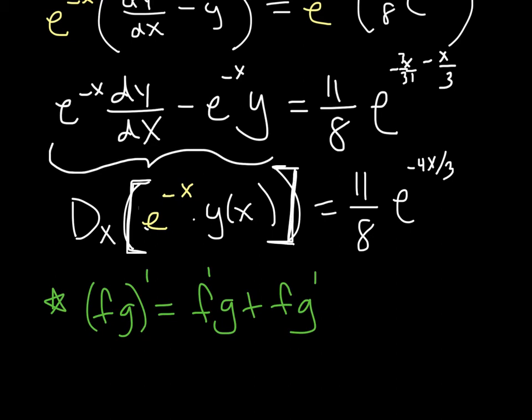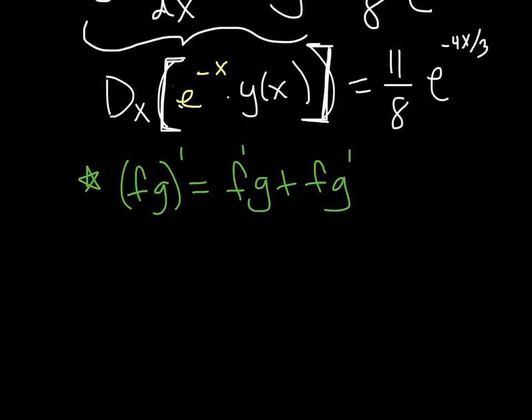If you take the derivative of e to the negative x, that's e to the negative x times -1 times this function, which is right here. And the derivative of y of x is y prime, which is dy dx, times e to the negative x. This is always going to be true when you multiply both sides of the ODE by the integrating factor, which is a very powerful tool.